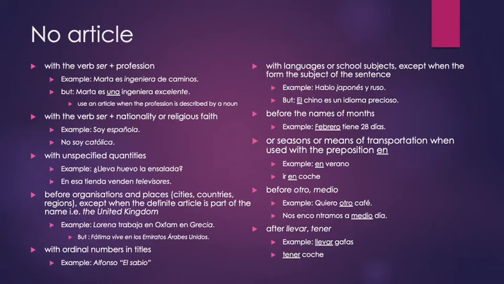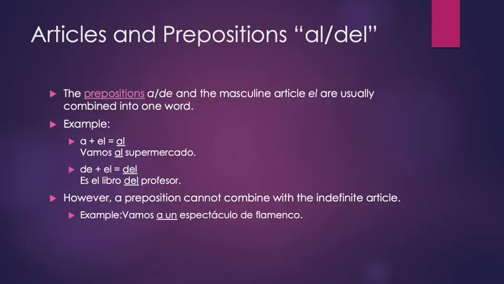I want another coffee. Nos encontramos a mediodía. We meet at midday. After llevar, tener. Example, llevar gafas. I wear glasses or I wear sunglasses. Tener coche. I have a car.